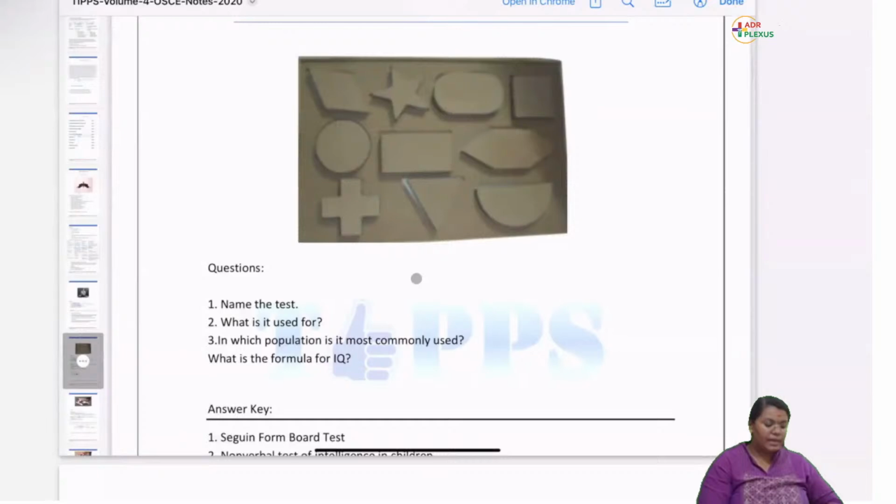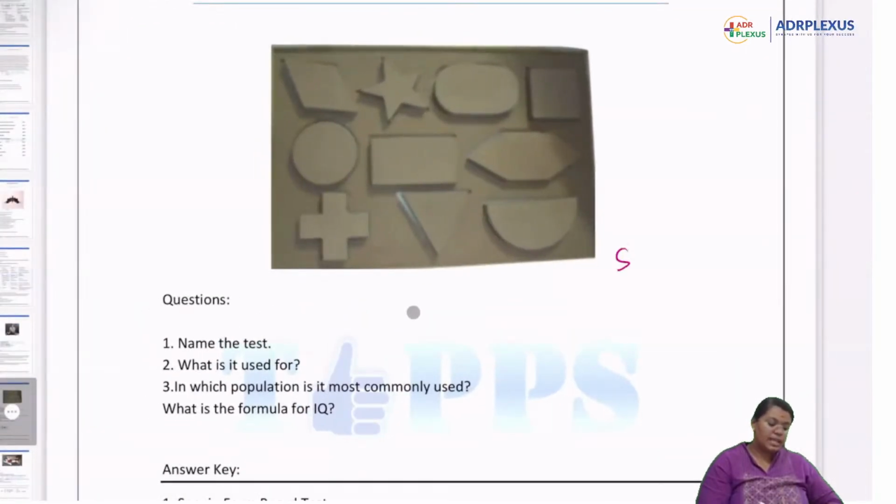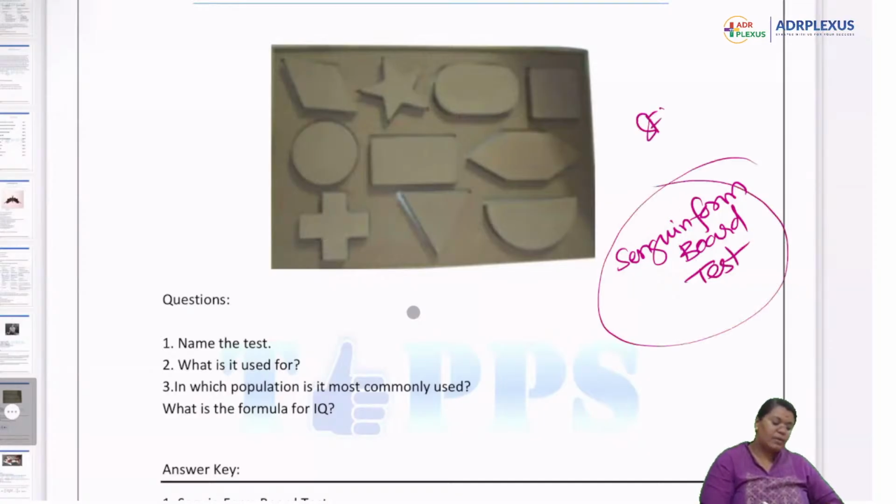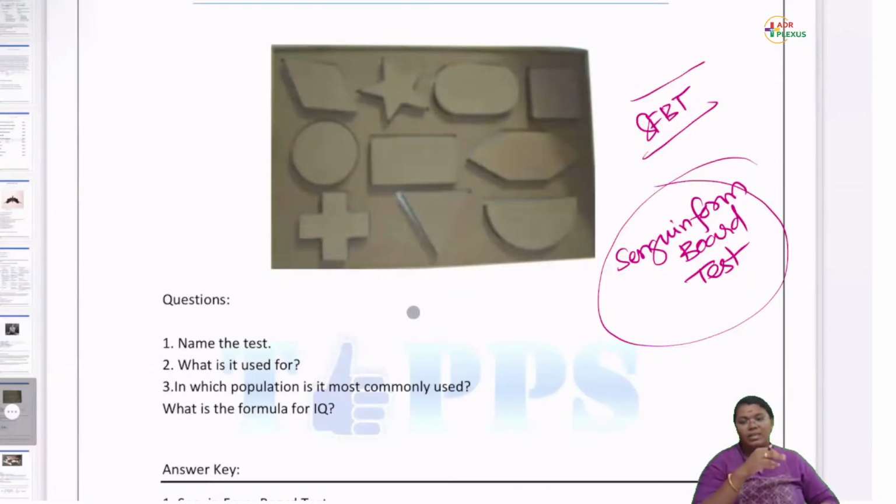Again, this is a possible image-based question. This is the Seguin form board test. So this is SFBT. These are like blocks, like a toy.